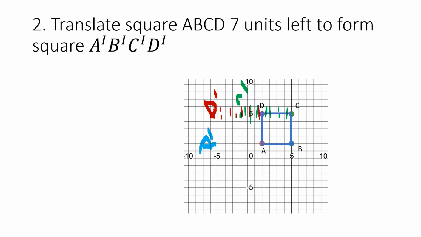Then we move B 7 units to the left, so B will end up here. That's our B prime, the dot over there. Okay.